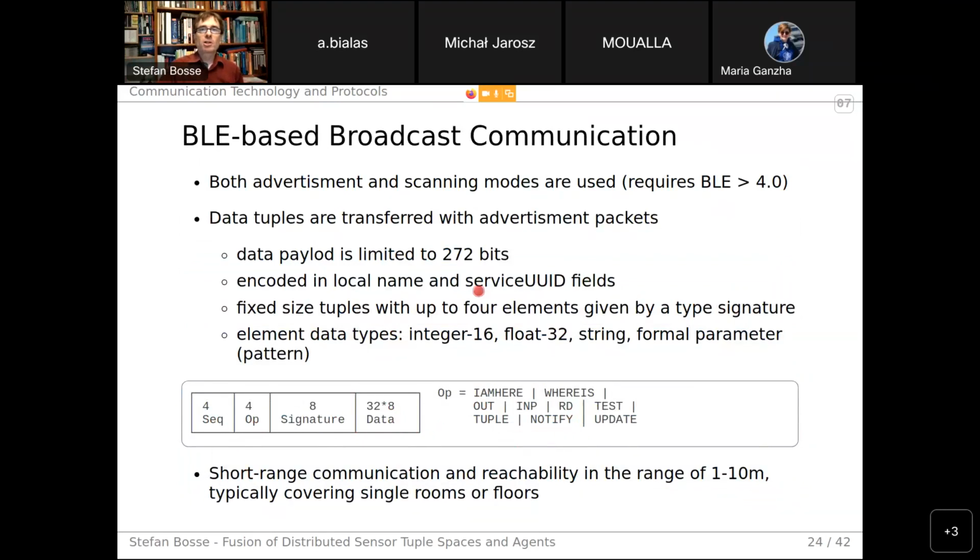This is a limitation of the broadcasting format of Bluetooth, which limits to 272 bits. So we support only core data types, integer 16, float 32 bits, and string and formal parameters for patterns, for example, for the read and input operation. So we have a short-range communication. That means in a range of 1 to 10 meters, typically covering single rooms or floors.